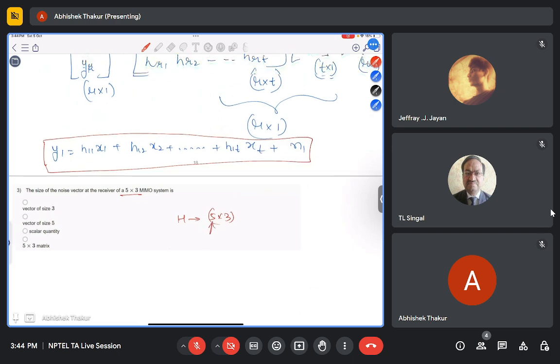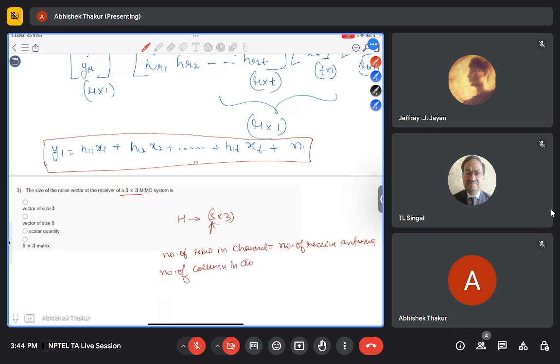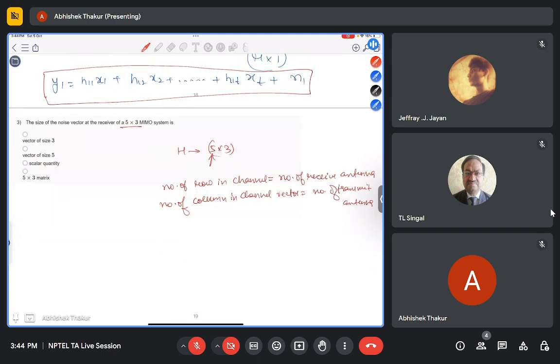This means the number of rows in the channel is equal to the number of receive antennas, and the number of columns in the channel is equal to the number of transmit antennas. So the number of receive antennas is 5, and the noise vector will be 5 cross 1. The size of the noise vector is 5.